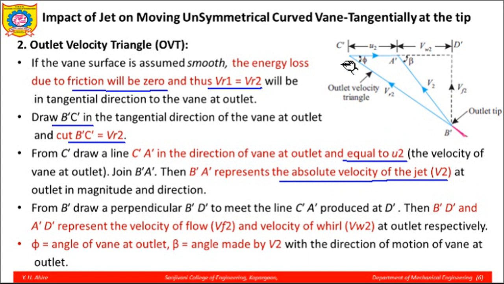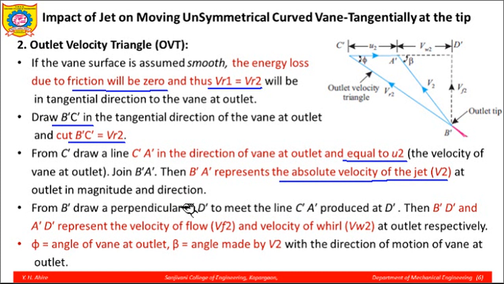So B'C' is the relative velocity at outlet VR2. C'A' is the vane velocity at outlet U2. So joining B' with A' gives you the absolute velocity of the jet at outlet, that is V2, in magnitude and direction.